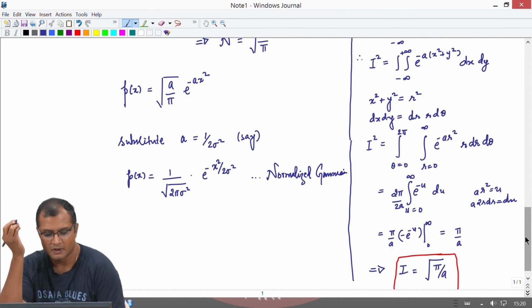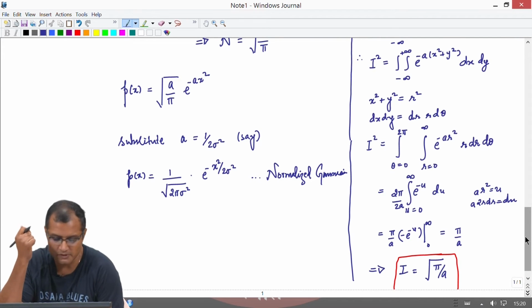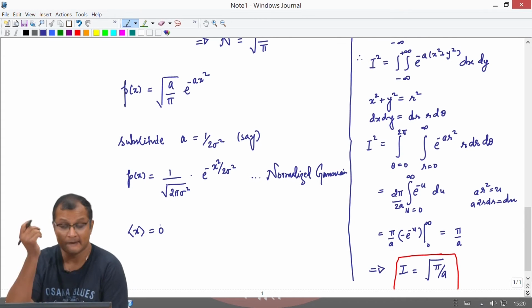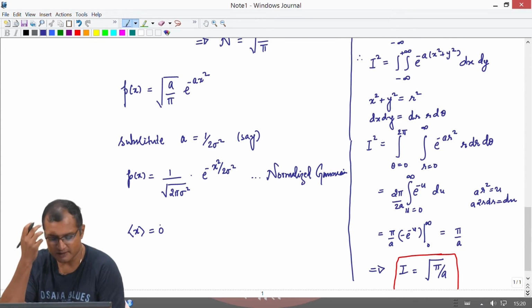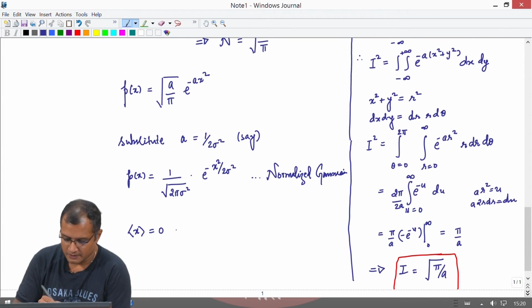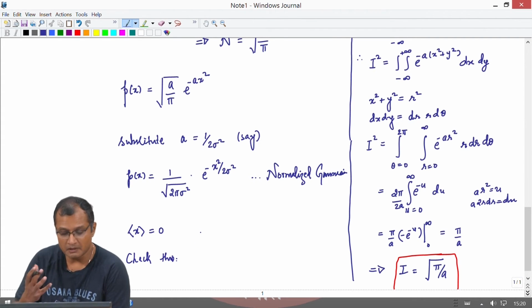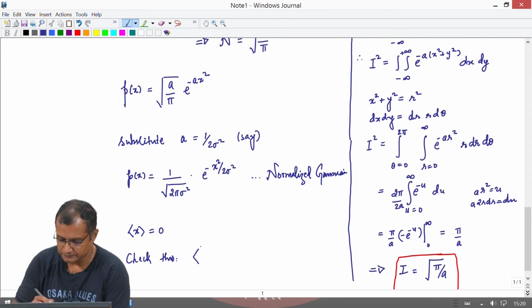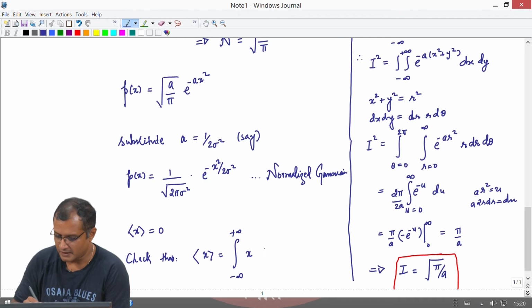Okay. A couple of things that I would like to mention here before proceeding is that this is a distribution with 0 mean. Okay. You can check this by simply computing the mean by brute force. So, the mean is nothing but integral minus infinity to plus infinity x into p of x dx.